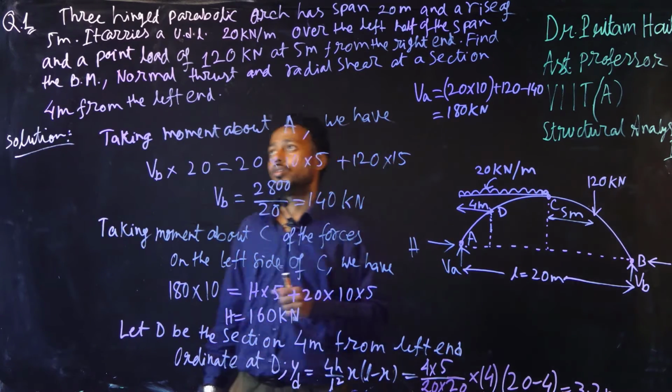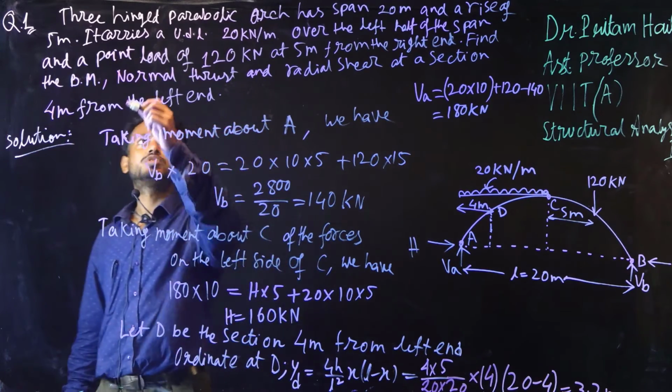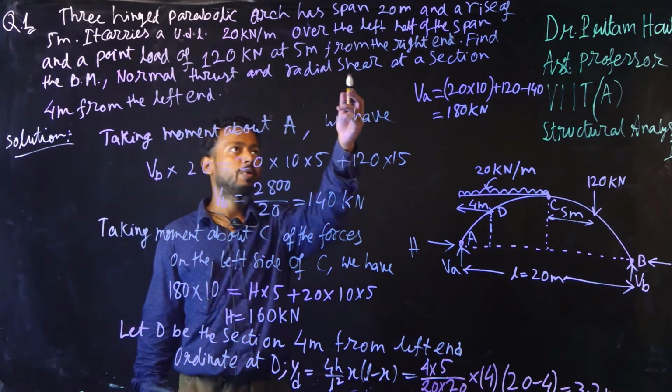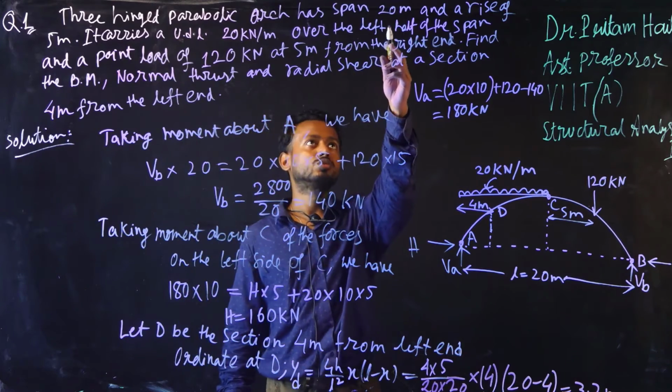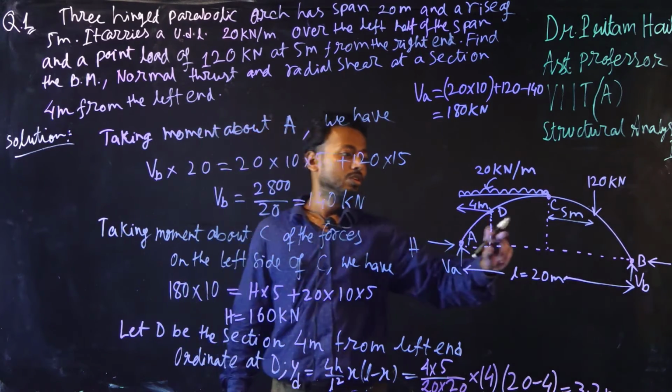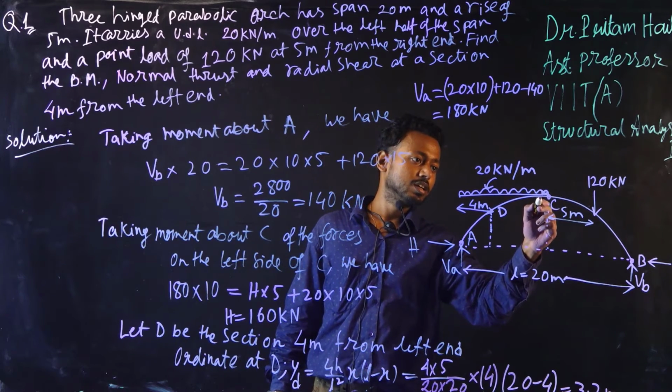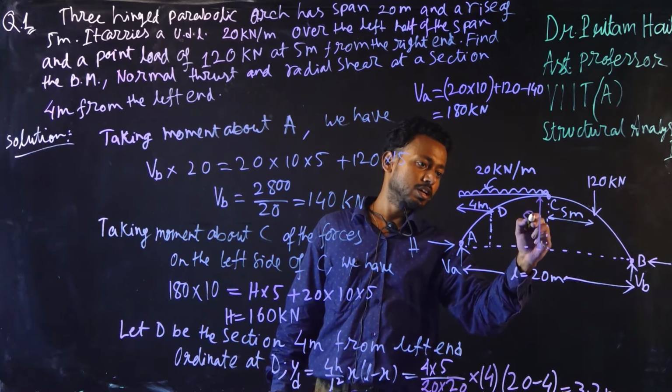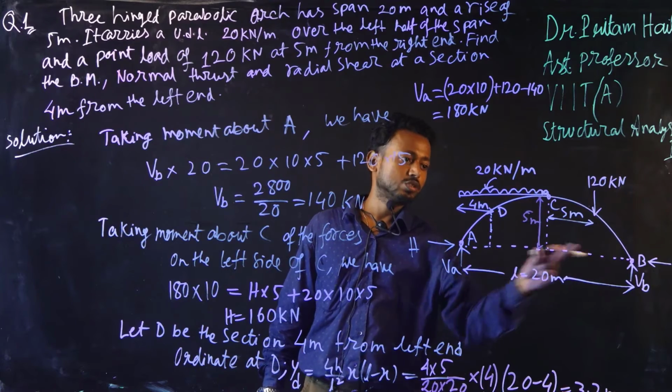So the question is, a 3-hinged parabolic arch has span L equals 20 meter and rise 5 meter. The rise is 5 meter, and the span is 20 meter.